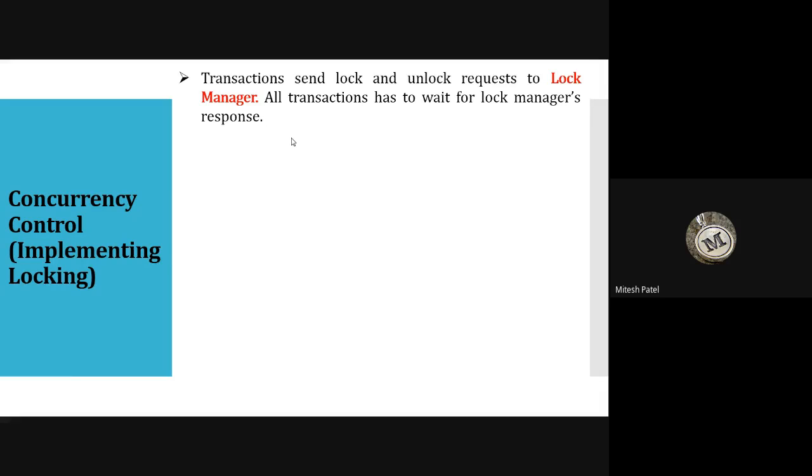So all the transactions have to wait for the instruction of lock manager. Lock manager के response का wait करना पड़ेगा. So lock manager responds to the request either lock granted or wait message.